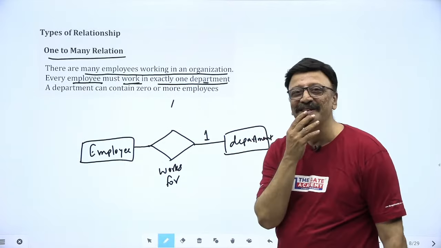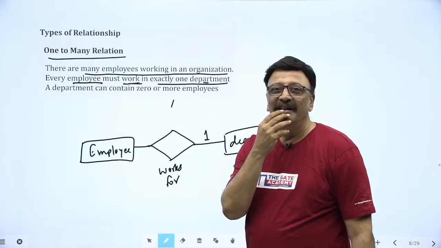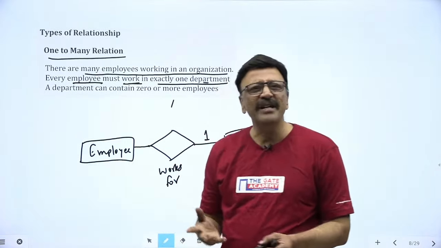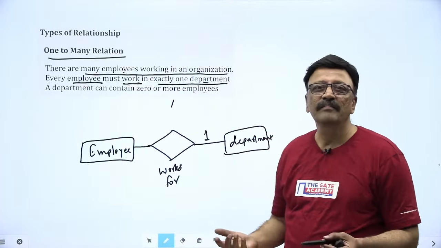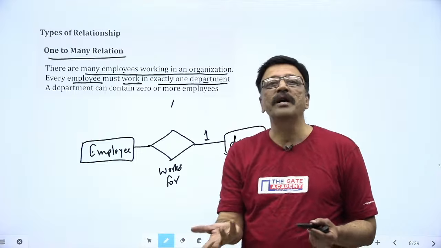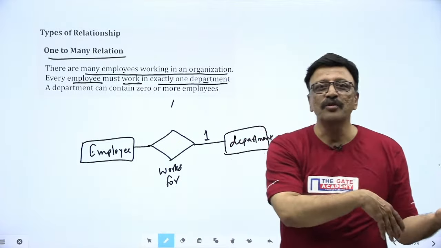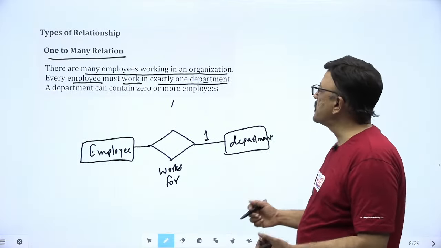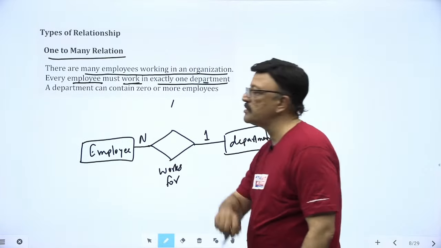You may argue, how can a department have 0 employees? If there are 0 employees, then why is that department there? Maybe it is a new department that the company has just started. Or maybe that department is about to get closed, so all the employees have been shifted to other departments. But 0 or more employees. What you understand is that a department can have n number of employees.